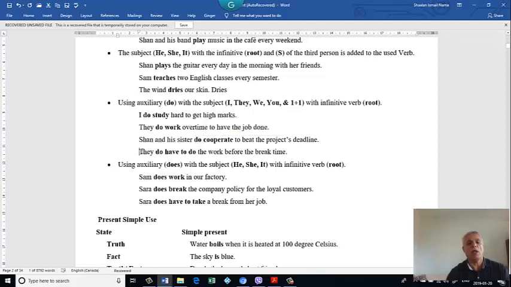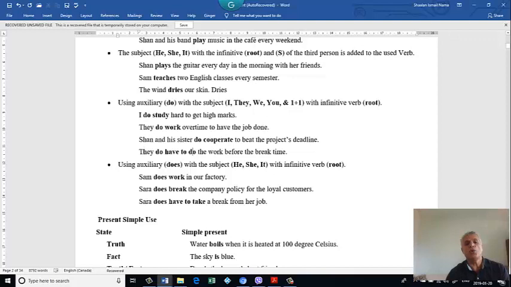Sometimes we have more than one auxiliary verb. For example, let's say here we have they, the subject, then we have the auxiliary verb do, then we have a modal, have to, then we have the main verb.